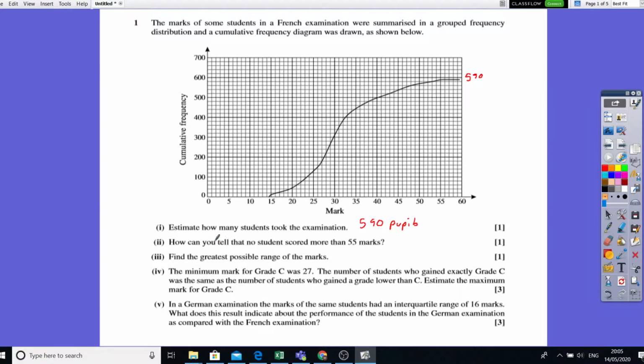Number 2, how can you tell that no student scored more than 55 marks? Now, if you look at 50 marks there, you'll notice the cumulative frequency levels off.